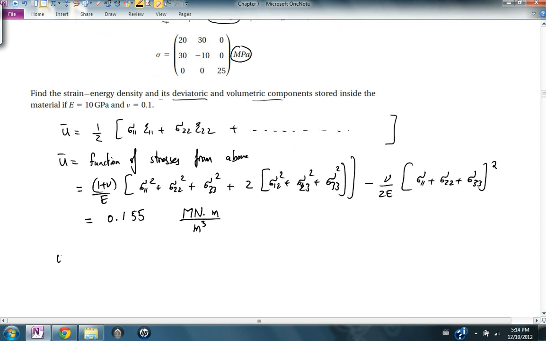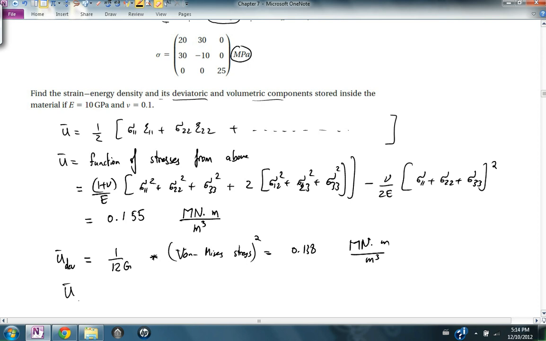The deviatoric component is equal to 1 over 12g multiplied by the von Mises stress squared. And we already know how to calculate the von Mises stress. This will be equal to 0.138 mega Newton meter per meter cubed.